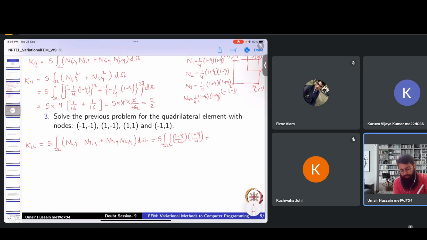Then n2 comma eta is minus of 1 plus xi by 4, and n3 comma eta is 1 plus xi by 4, right?